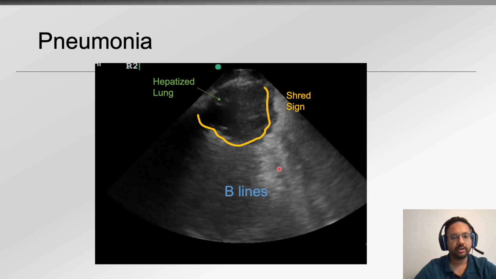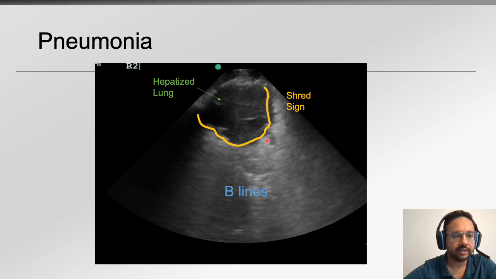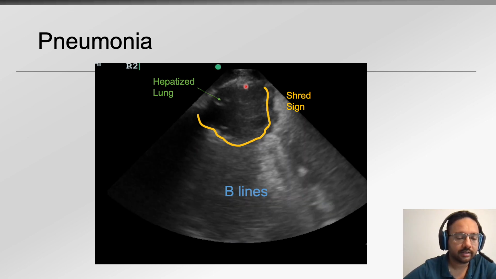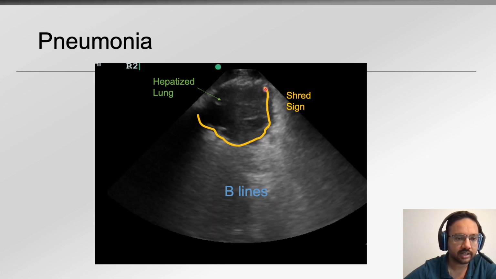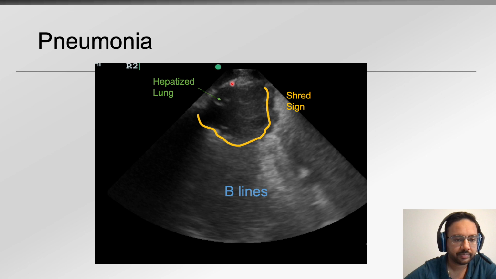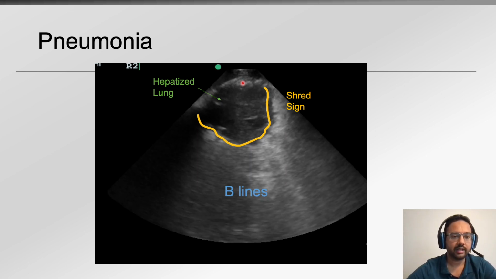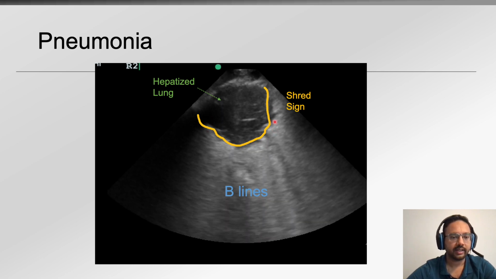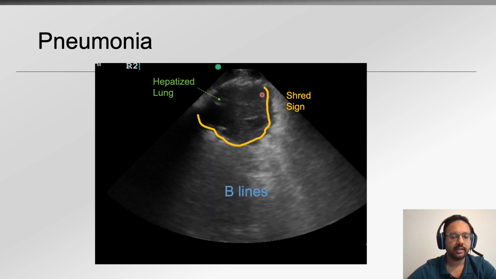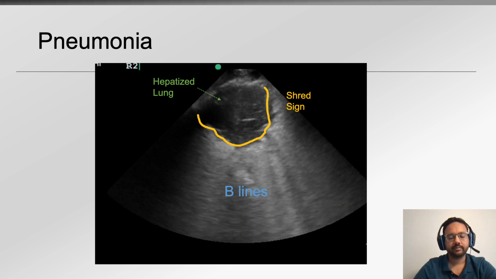All of these together are very strongly suggestive of a pneumonia. You can also call this area of hepatized lung a subpleural consolidation. Essentially, subpleural is below the pleura, and consolidation is an area of lung that starts looking in a different consistency than the surrounding lung tissue.